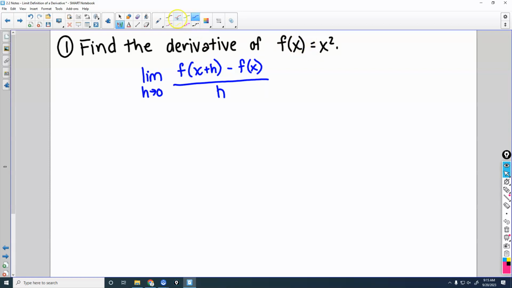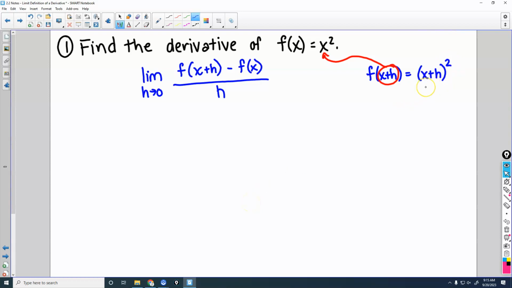I need to find f of x plus h. I'm going to do that over here to the side, f of x plus h. So what I'm doing when I'm finding f of x plus h is I'm taking x plus h and I'm plugging it in for the x. So it is going to be x plus h squared.